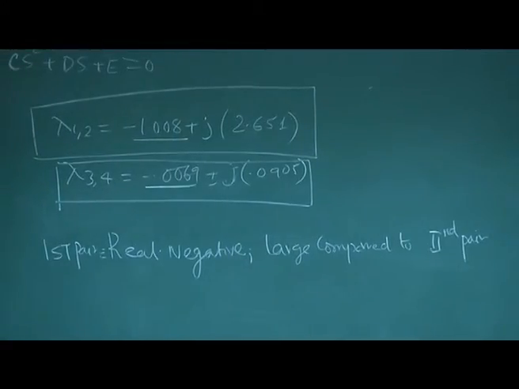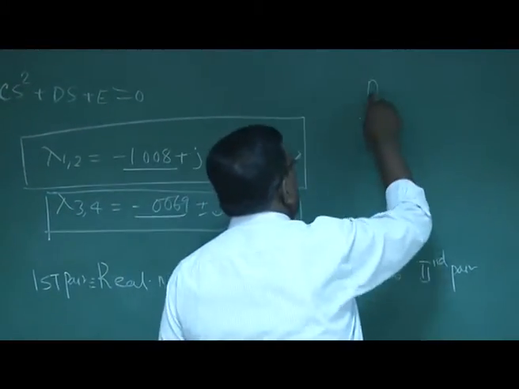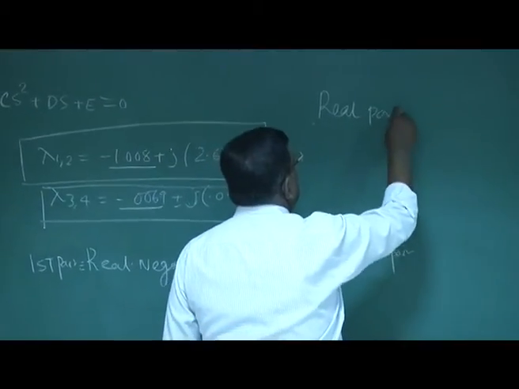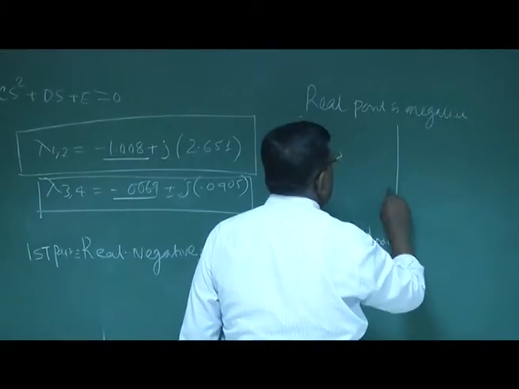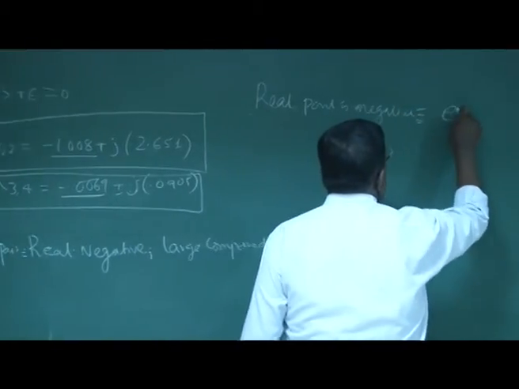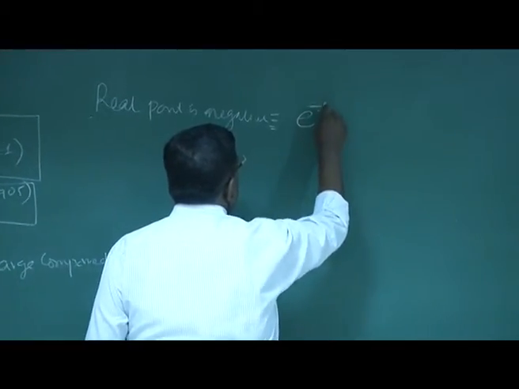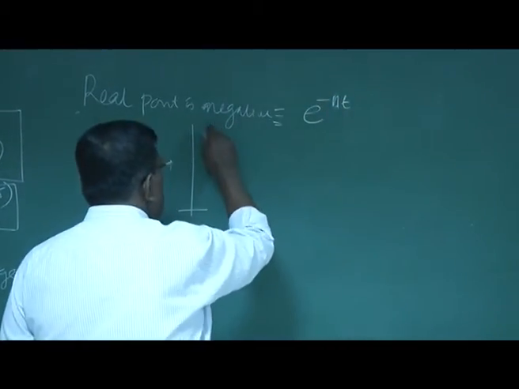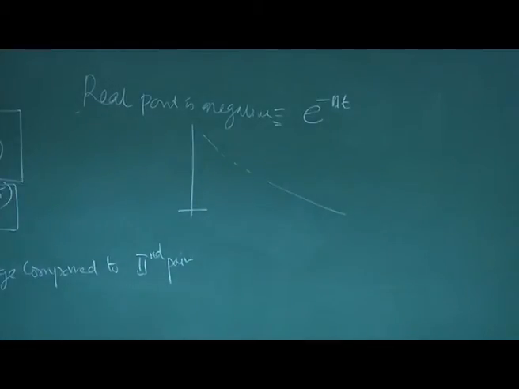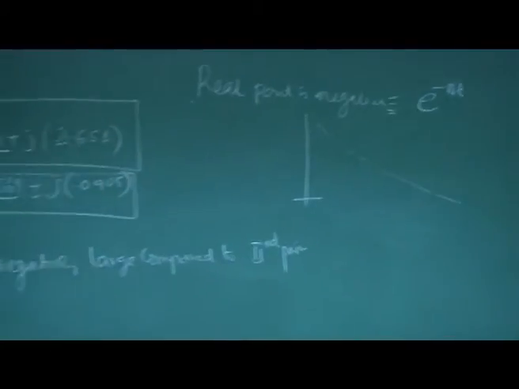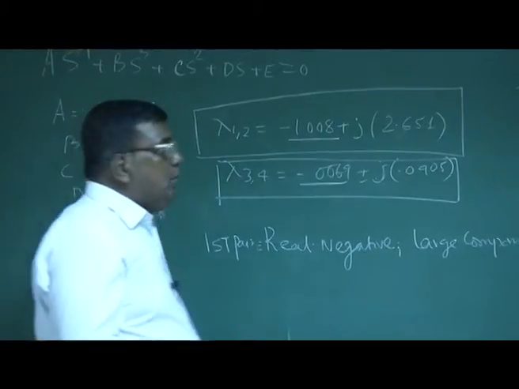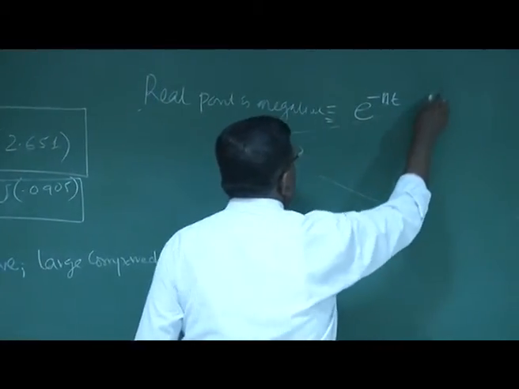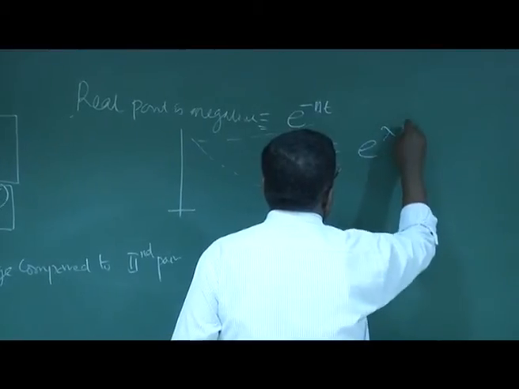What does the real value of this root do? You know that if its real part is negative, it will typically form an e to the power minus nt envelope, right? It will put an envelope of decaying. If the real root is positive, then it will go on growing, because this is typically e to the power lambda t.